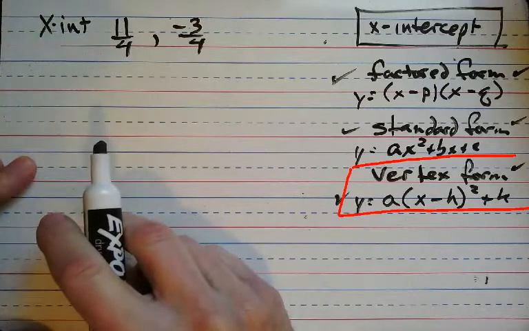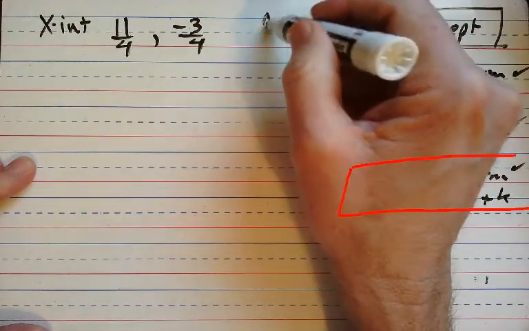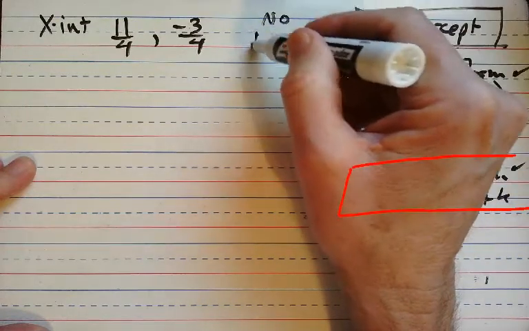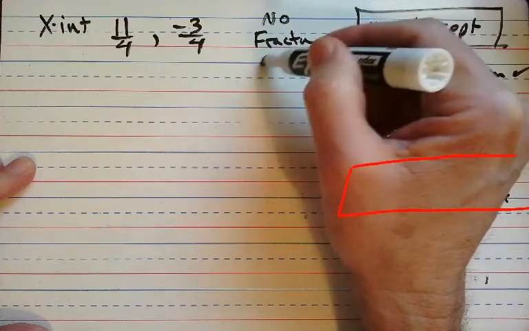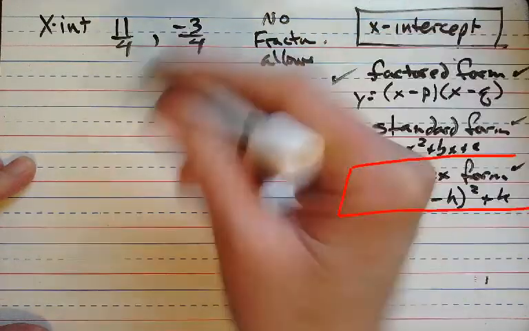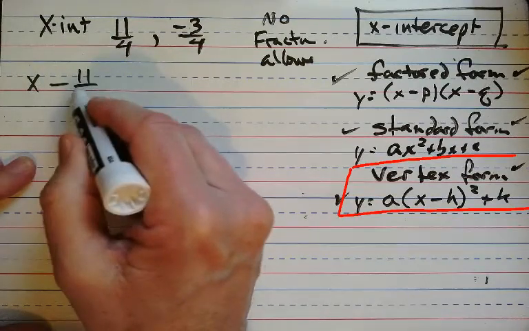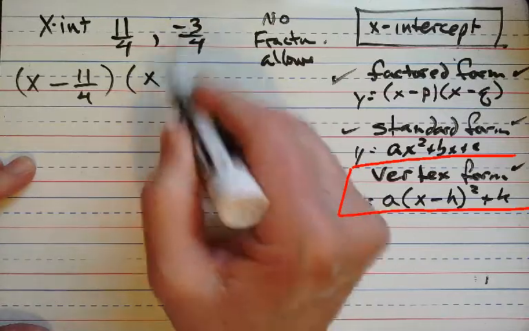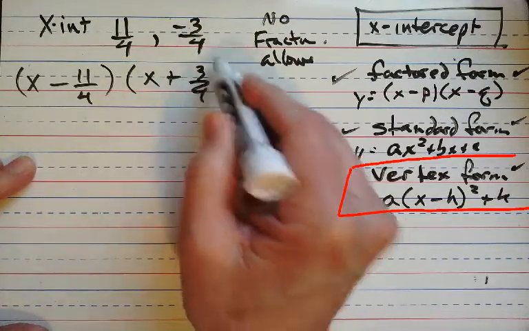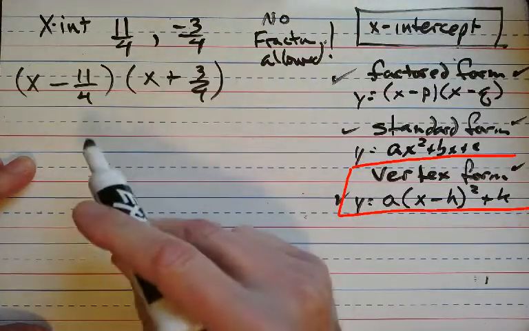Okay. Now then, the deal about factors is there ain't no fractions allowed. So, when I write my factor, x minus 11, because remember it's always the opposite, and x plus 3/4, that's not allowed. Not allowed. What's going on?